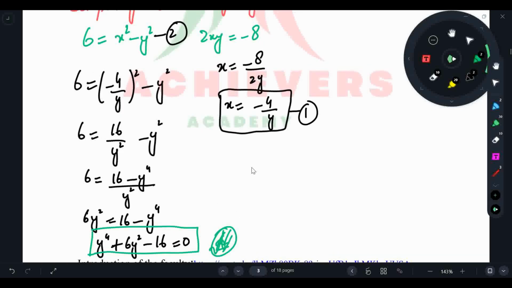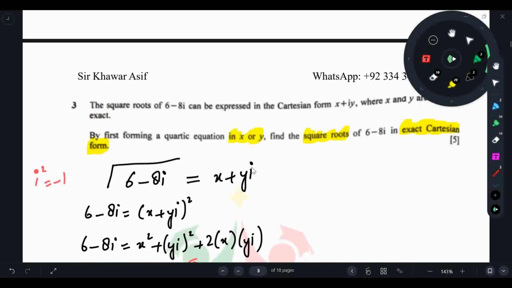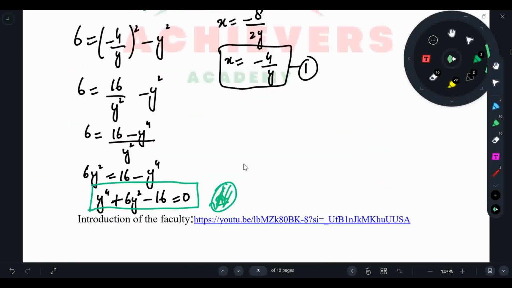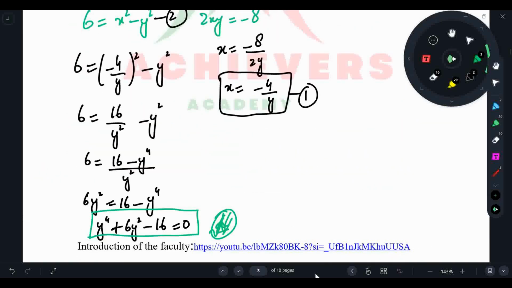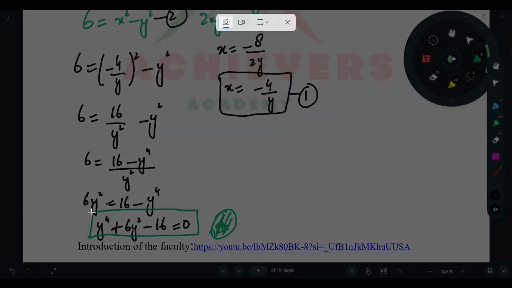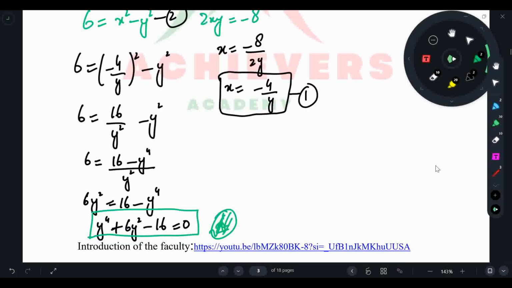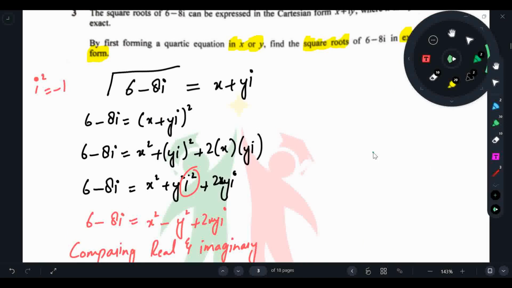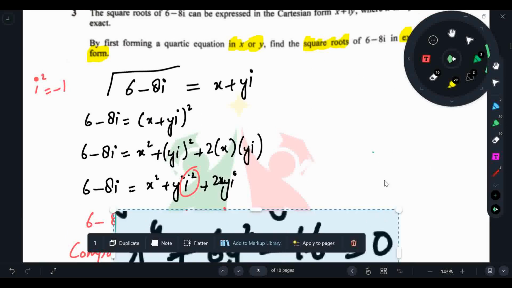Let's read the question again. They are saying that by first transforming a quadratic equation in x or y, find the square root of 6 minus 8i in exact form. Okay, so we need to simplify it further. So we need to find out the value of x and y. So what we can do is solve it further.